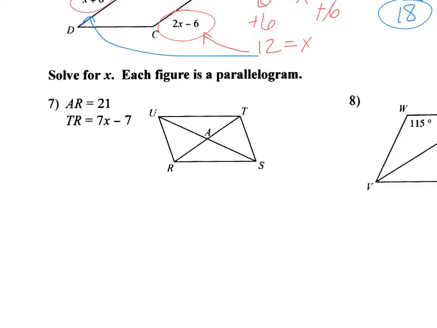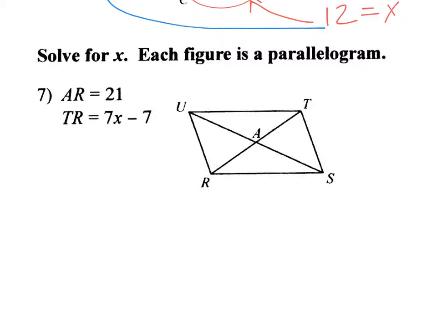All right, now we start dealing with diagonals. A diagonal is a segment that goes from one corner of the parallelogram to the other. So it says here AR is 21, and then it gives me TR. TR is the whole thing, which is 7x minus 7. We said diagonals bisect each other. In other words, if AR is 21, then AT is also 21. So how do we set up our equation here?